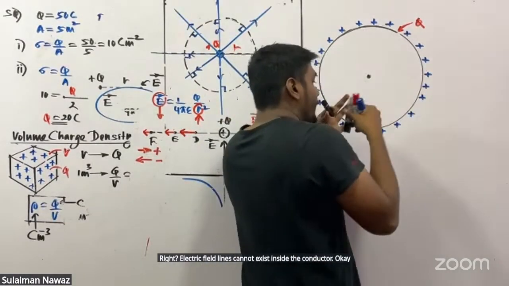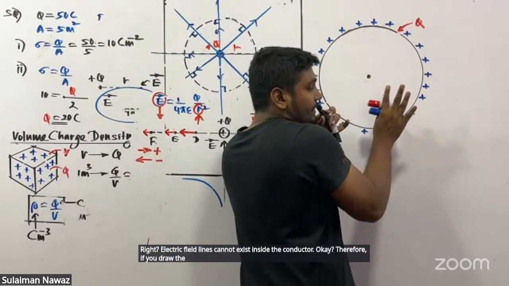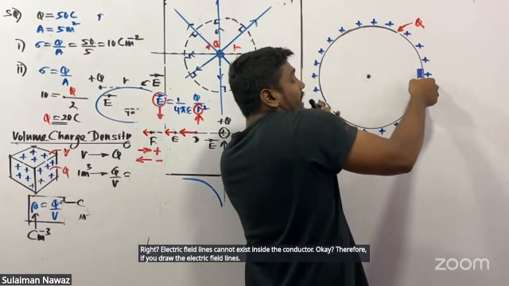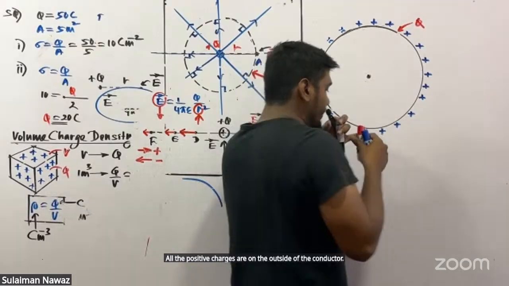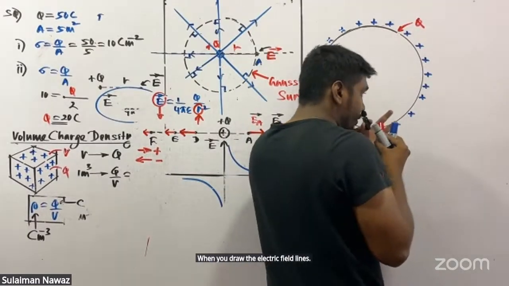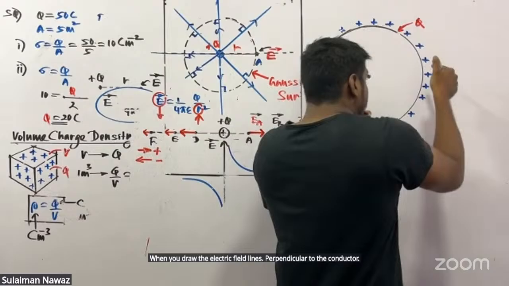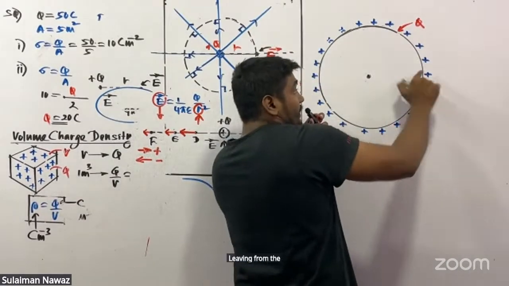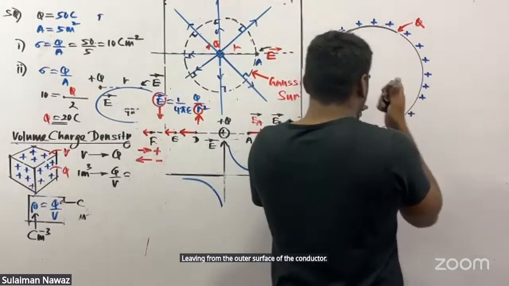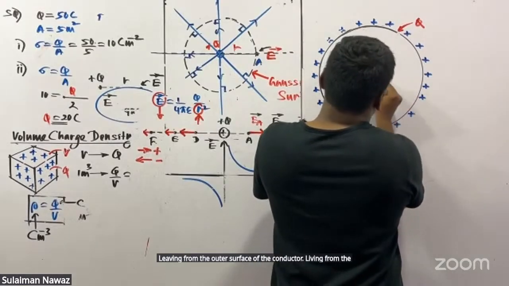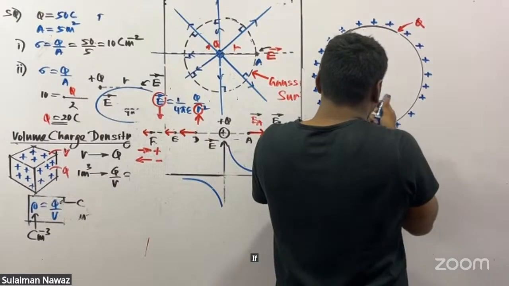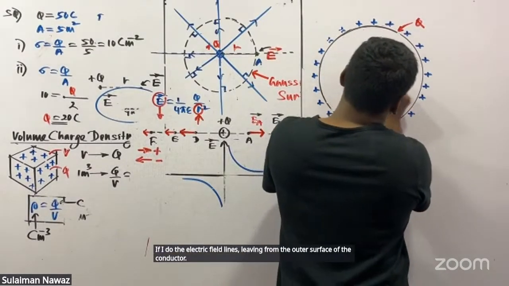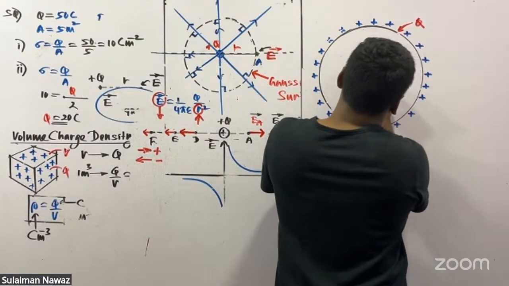Therefore, all the positive charges are on the outside of the conductor, and when you draw the electric field lines, they are perpendicular to the conductor, leaving from the outer surface of the conductor.